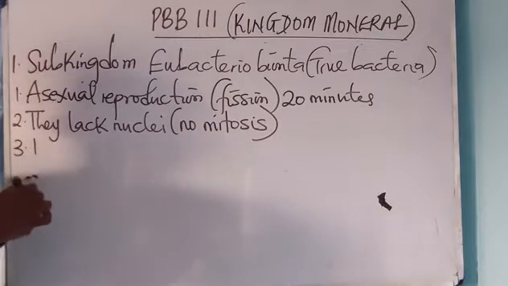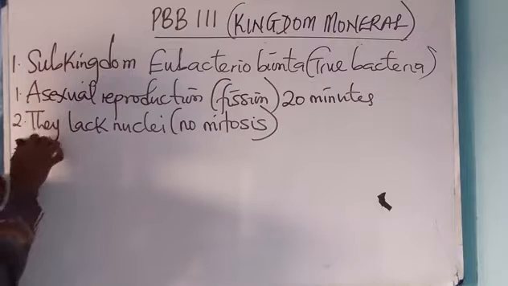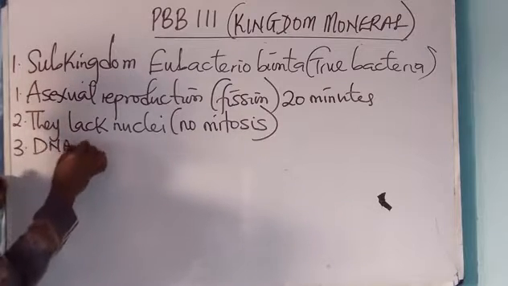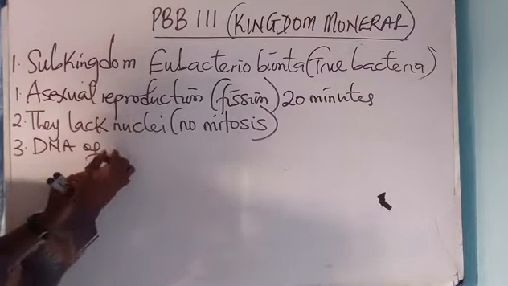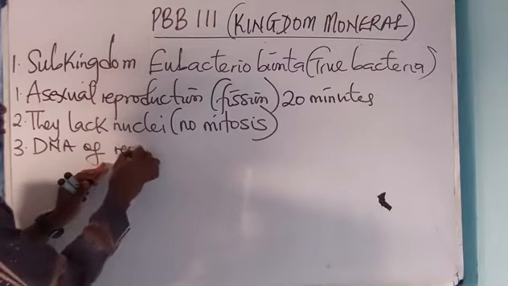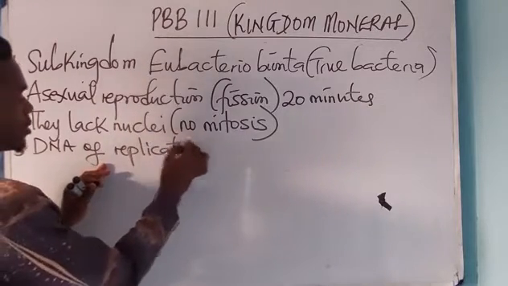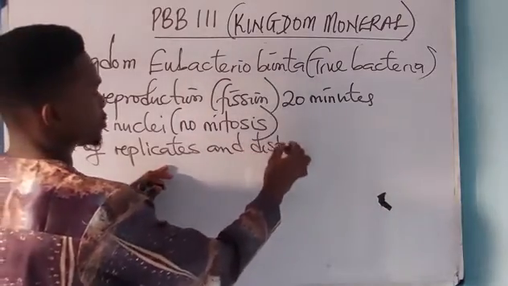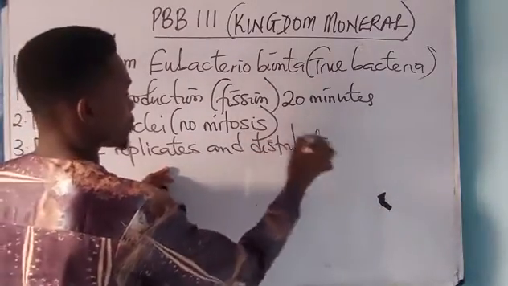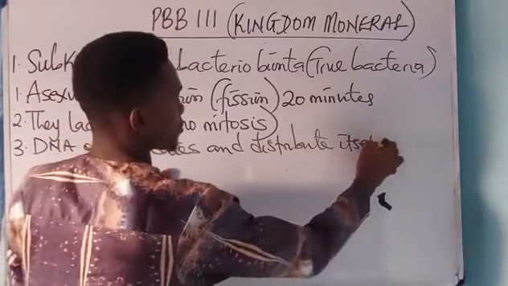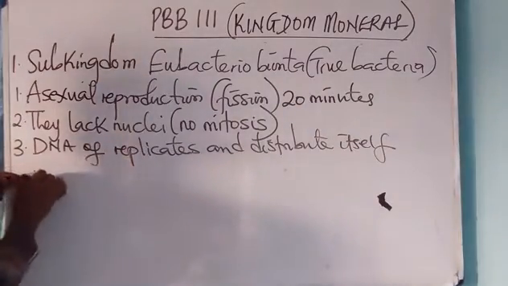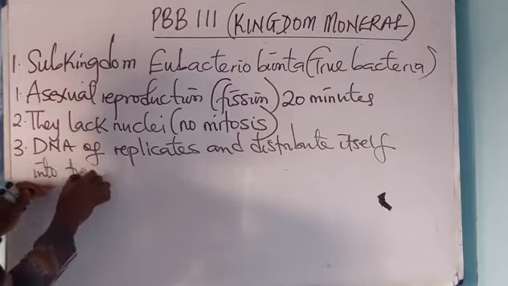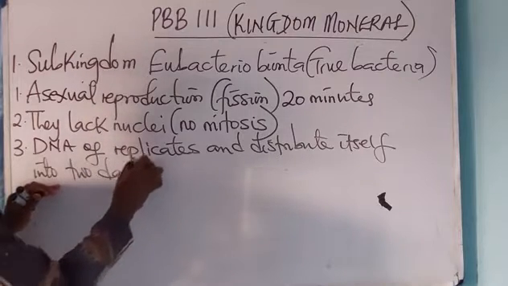And three, that is the DNA of bacteria. The DNA of these bacteria replicates and distributes itself into two daughter cells.